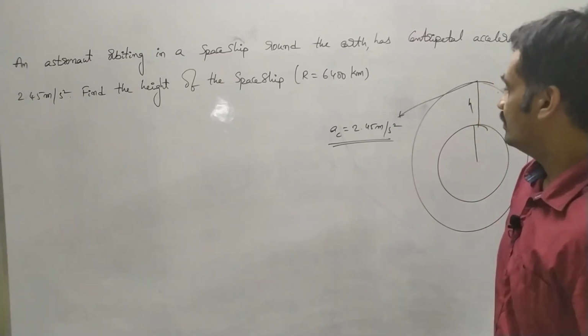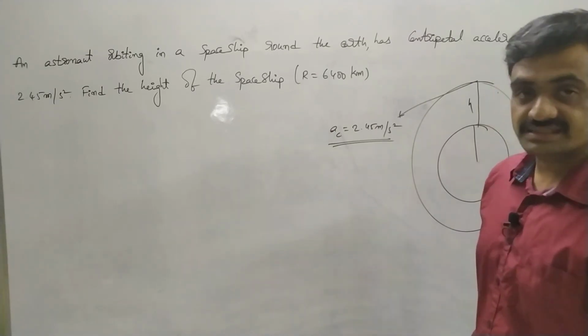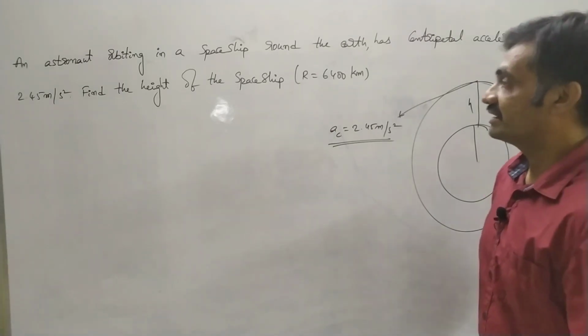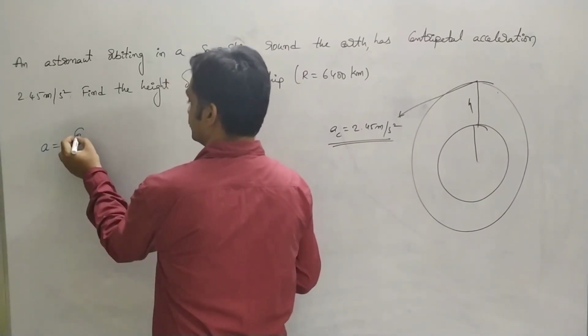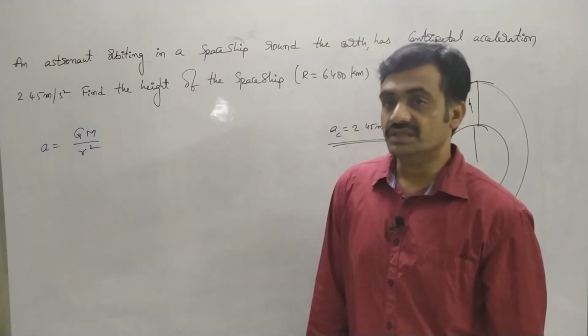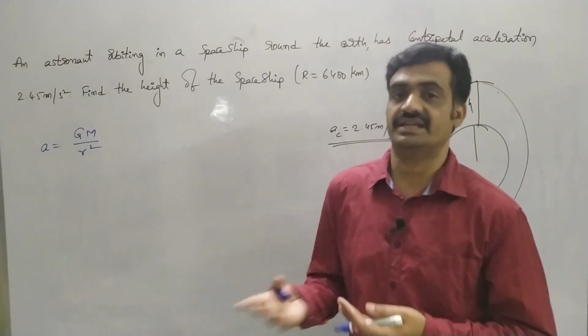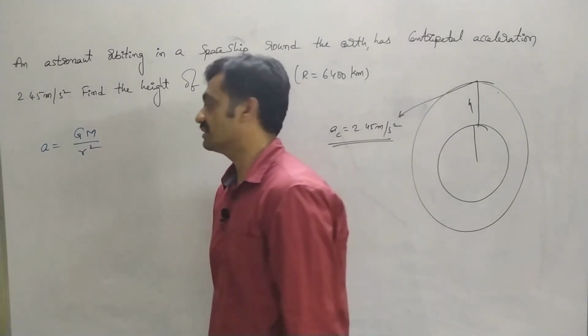Now we have to represent the centripetal acceleration in terms of gravity, where we know that the centripetal acceleration a equals GM by r square, because we know the relation for small g and capital G, g equals GM by R square.